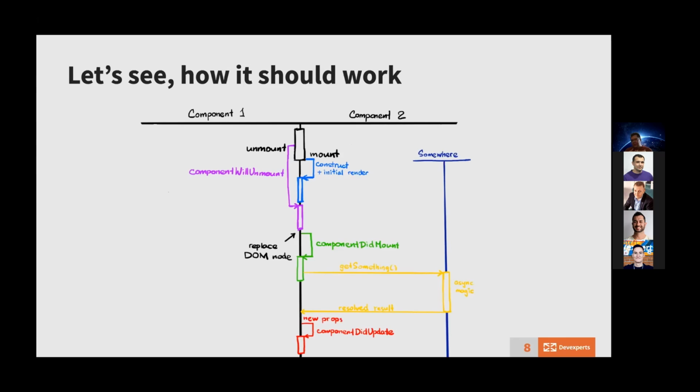You're calling get something on componentDidMount. It goes somewhere, some async magic happens. We don't really know what happened there. For the component, it's like you called something, you may have not called something, and eventually you've got some updated props.